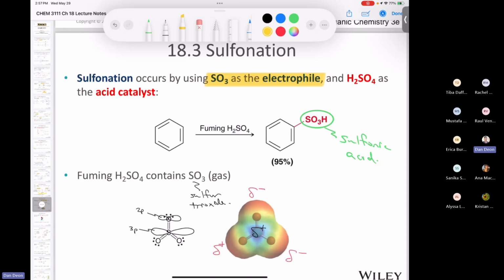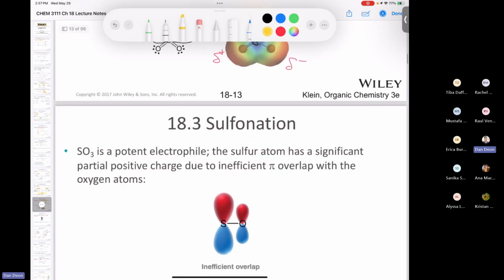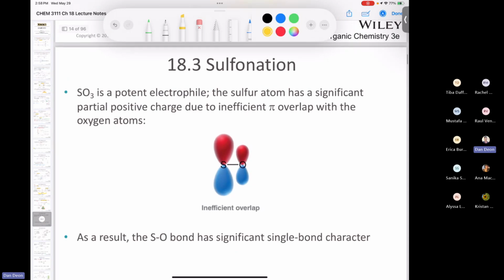If you want more detail as to why sulfur trioxide is a very powerful electrophile, you can see what I was trying to explain to you on the previous slide, that the p orbital from sulfur is going to be a 3p orbital, whereas the p orbital from oxygen is going to be a 2p orbital. They're very different in terms of their size, so their overlap isn't that great.